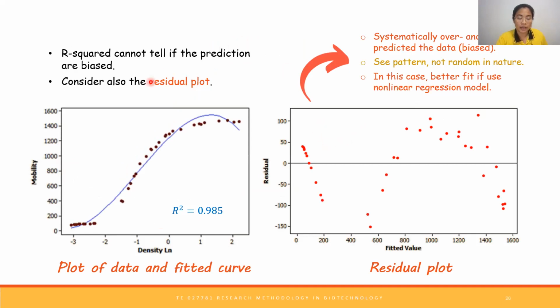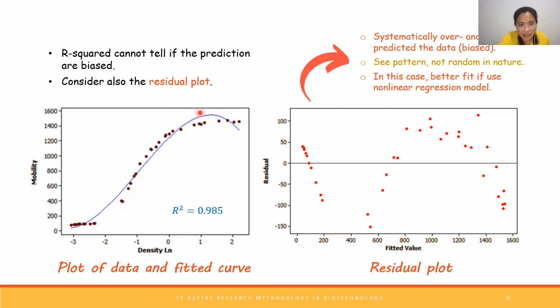But one thing that the R-square cannot tell you is whether the predictions are biased. That means that even though you seem to get a high R-square, maybe you can see that it fits okay in this region, it doesn't fit okay in that region, and it doesn't fit okay in another region.